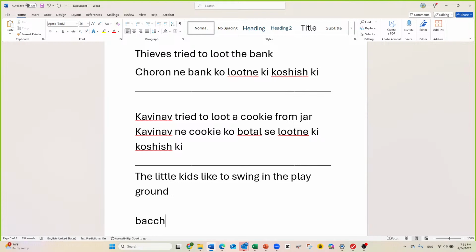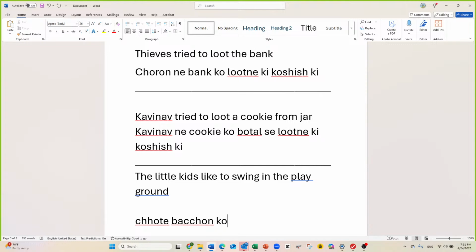Bacha becomes bacche. Bacha is singular, bacche is plural. Little will be chote, but now again we have to make it oblique. So chote bacche, which is plural, will become oblique as bachon because we have to add ko. As soon as we add ko, bacche becomes bachon.